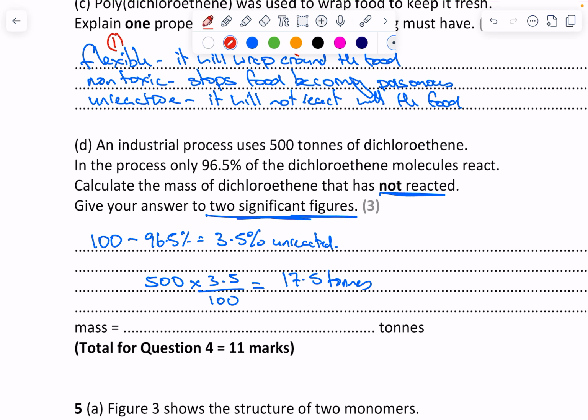So if we just check 1, 2, 3, so the third figure is a 5, therefore I need to round the 7 up to 8, and I've got 18 tons of the chemical. 1 mark for working that out, 1 mark for working that, and then 1 mark for working out this answer to two significant figures.